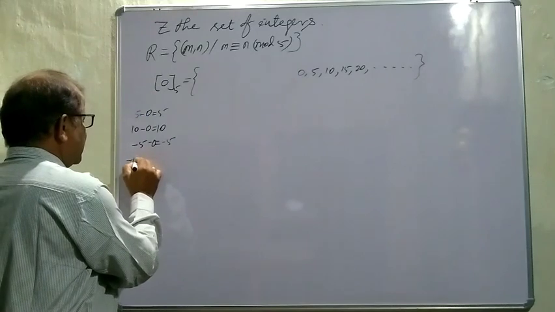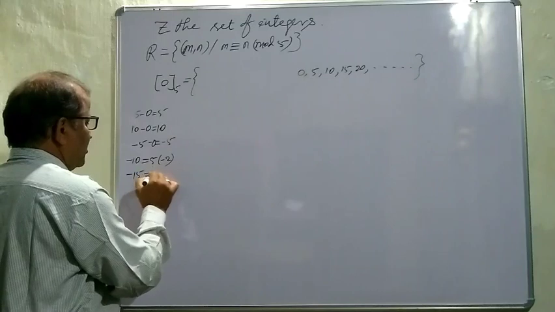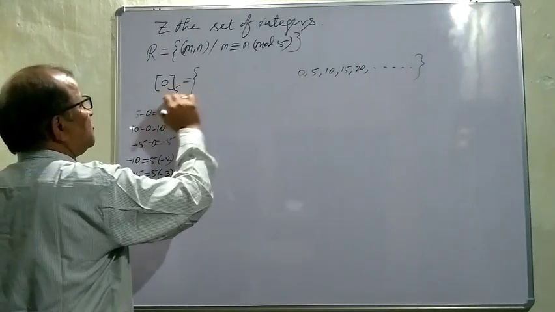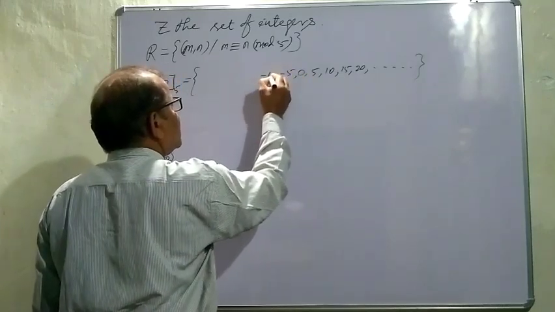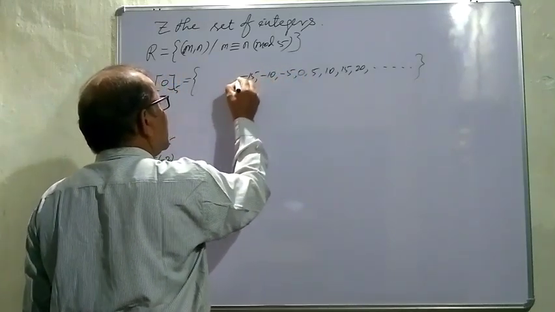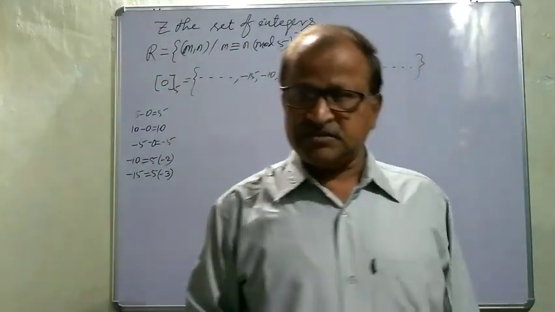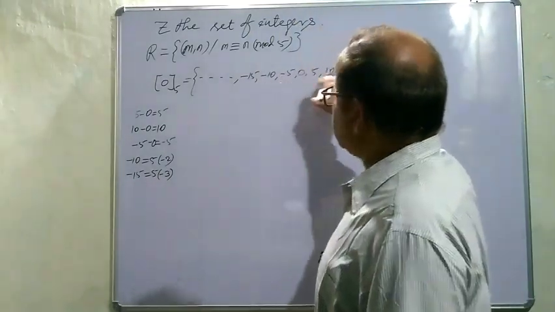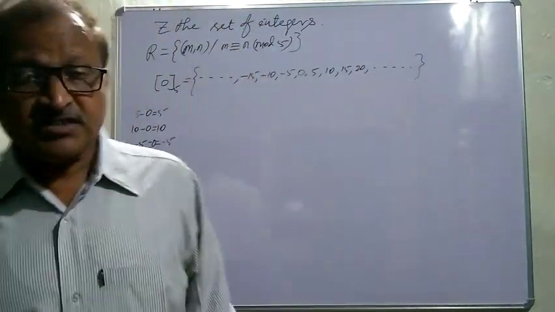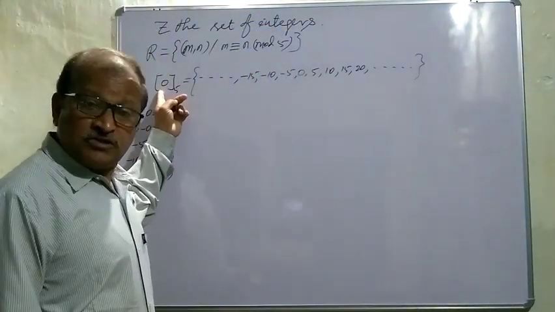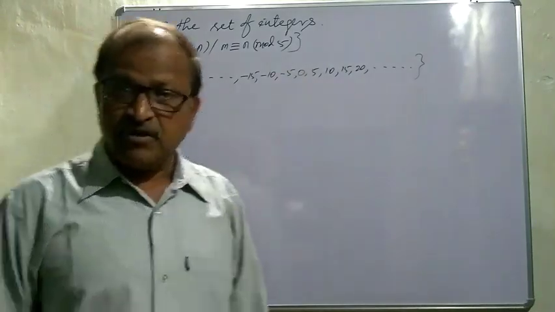Similarly minus 10, that is 5 into minus 2, and minus 15, 5 into minus 3. So here we have 0, minus 5, minus 10, minus 15, like this. You see the sequence: all are multiples of 5. This is the equivalence class of 0, because these elements are related to 0 under congruence modulo 5.